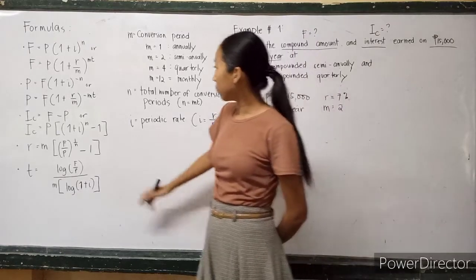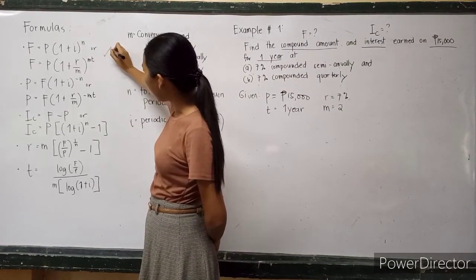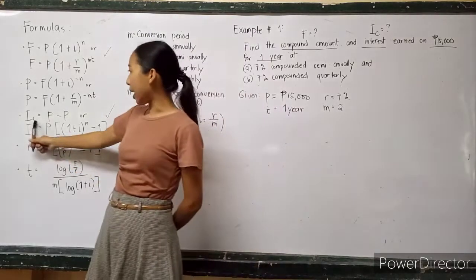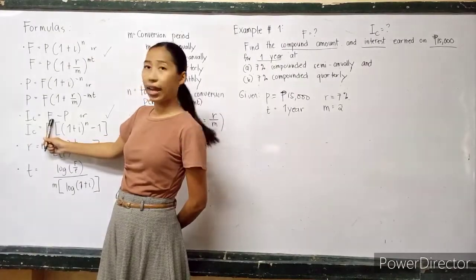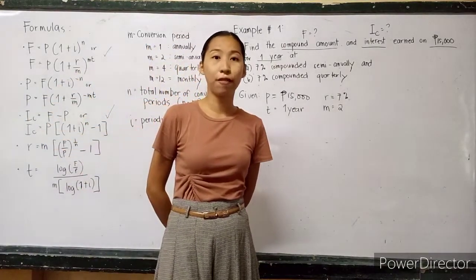Alright? Next, we are looking for future value or our compound amount and our IC. So, we cannot find the IC here because we do not have F yet. That is why we are going to solve for F first.